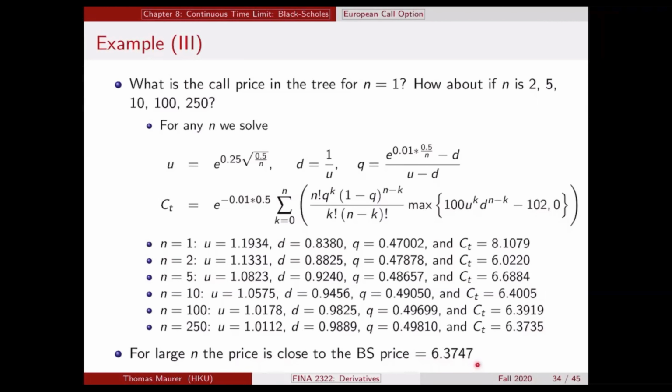The price there was $6.3747. The more time steps you introduce, you get closer and closer to that price, which makes sense because at the end of the day, the Black-Scholes formula we actually have shown is the limit of the binomial tree if n goes towards infinity.